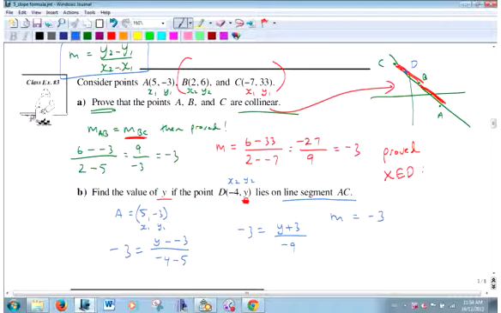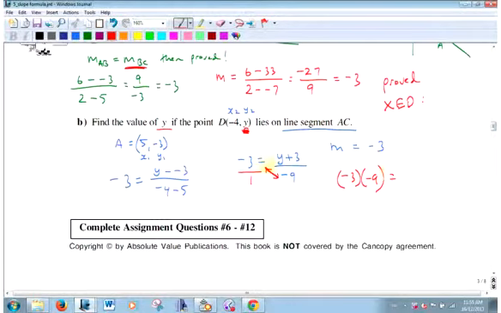Remember cross product, cross multiply? Okay, if some people use it, fine. That's like negative 3 over 1. Cross multiplying means multiply this times this, negative 3 times minus 9. And that equals 1 times y plus 3.